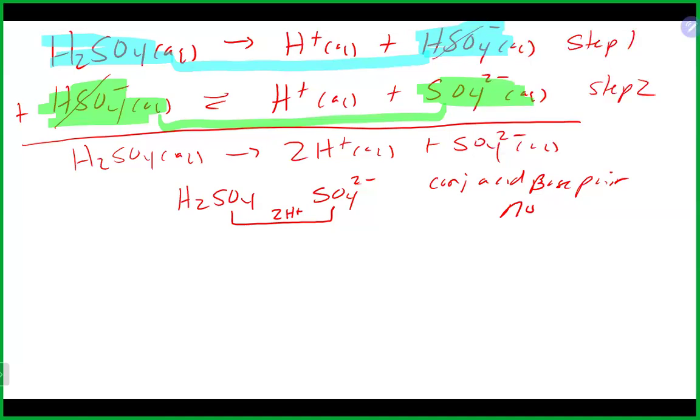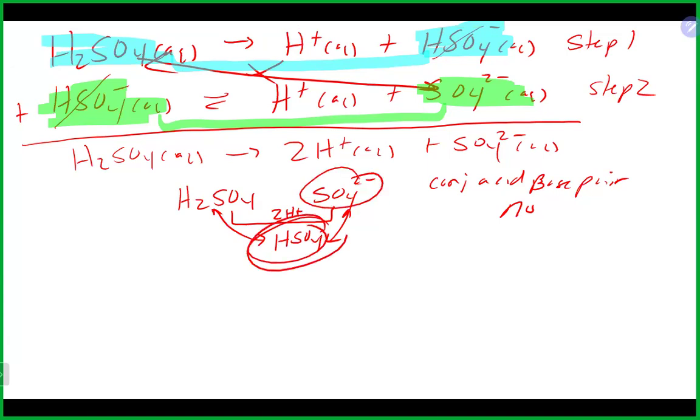You cannot go directly across because the difference is more than 1 H plus. So it is this guy in the middle that ties to both of those. This guy is a partner to this, and this guy is a partner to that one. But these two are not acid conjugate base pairs because they are not related by 1 H plus, because hydrogens always come off 1 H plus at a time. Any questions on that there?